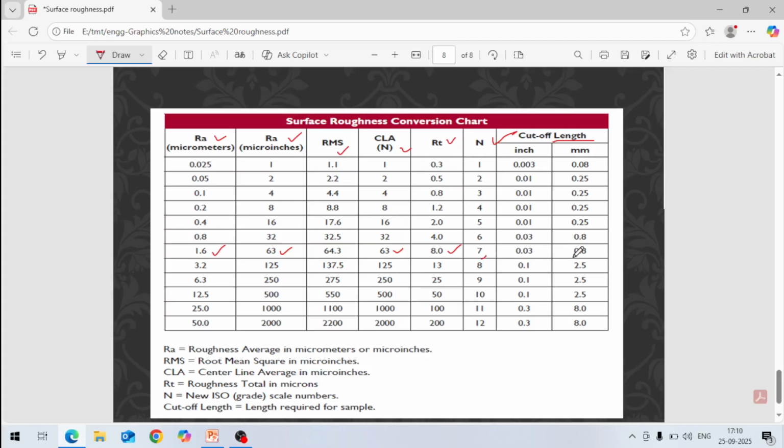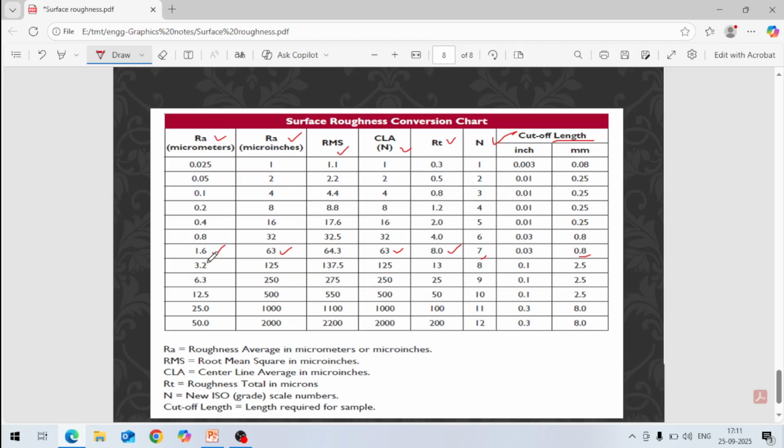And the cutoff length, if you see here in mm, is 0.8 mm. So in the length of 0.8 mm, with that instrument, generally we use Talysurf, which is one instrument. With the help of the Talysurf, we can measure this surface finish, and we take this sampling length 0.8 mm, and the surface finish is 1.6 micron.